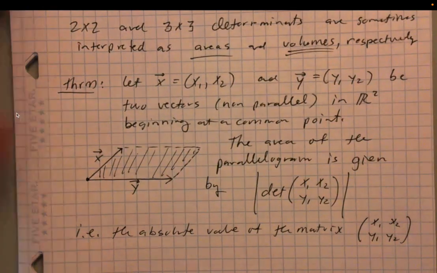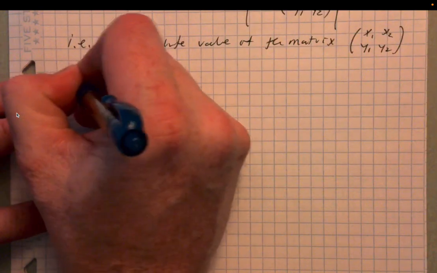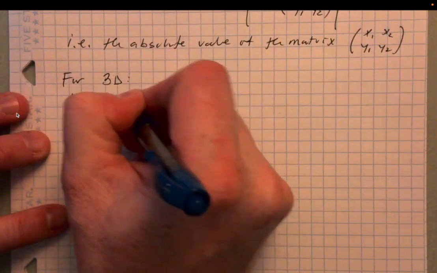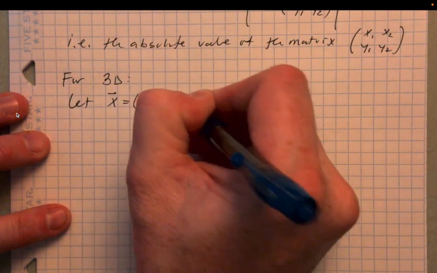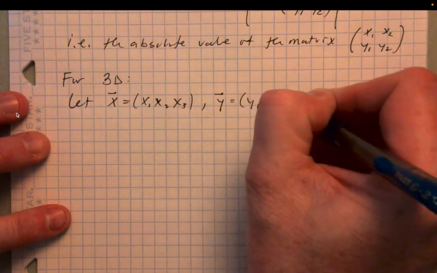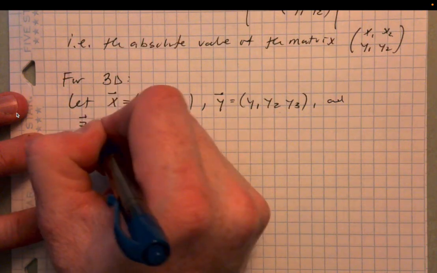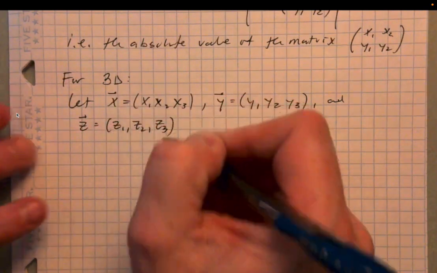And this can be extended to the 3D case as follows. So for 3D, let x be a vector, x1, x2, x3, y a vector, y1, y2, y3, and z a vector, z1, z2, z3.